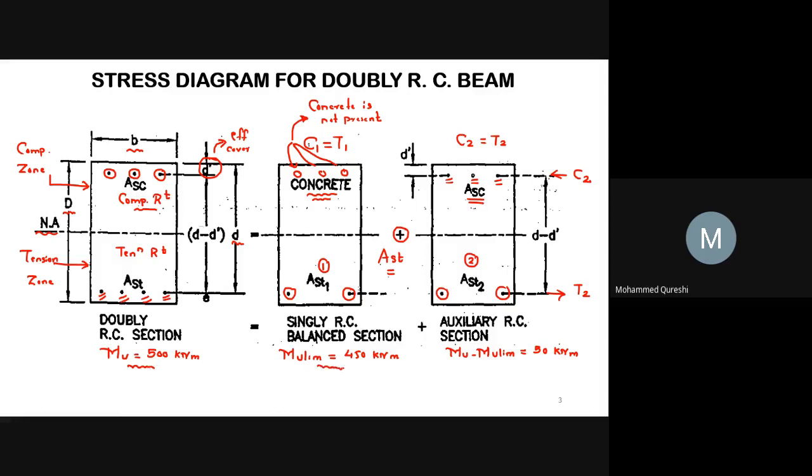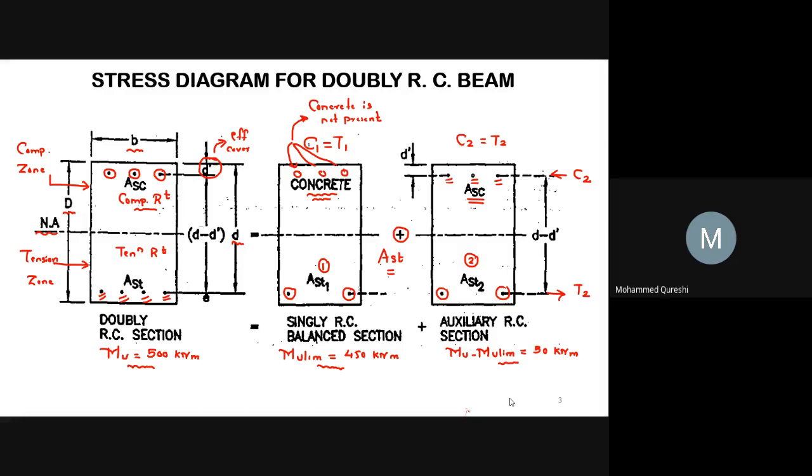This Mu limit we obtained as 450 and the remaining is 50. To resist, or we may say to carry, this additional moment, we have to add top additional steel reinforcement and additional steel reinforcement at bottom. So this is the stress diagram for the WRC beam.